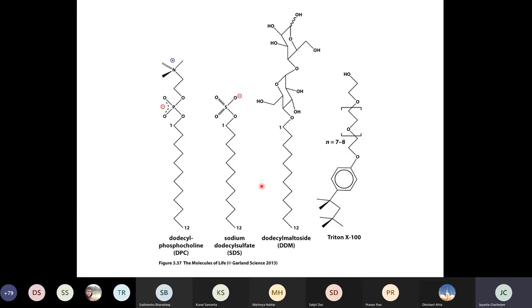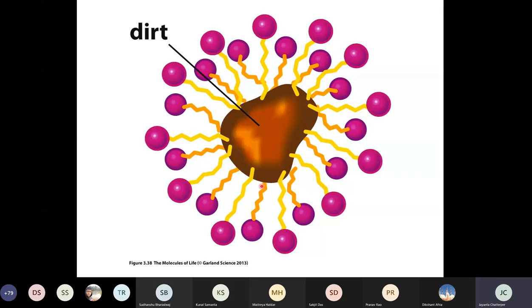You use these detergents in your solution, and these proteins can transfer from the lipid bilayer on the surface of cells onto vesicles or micelles, and you can take the protein out of the membrane and study their structure and function. This is how detergent basically works.